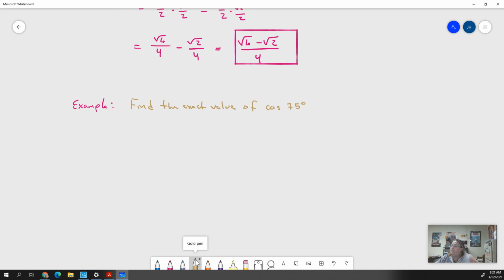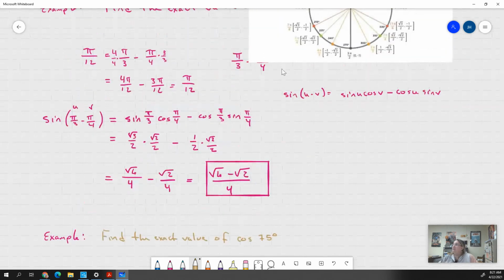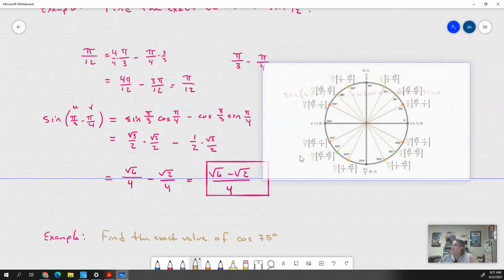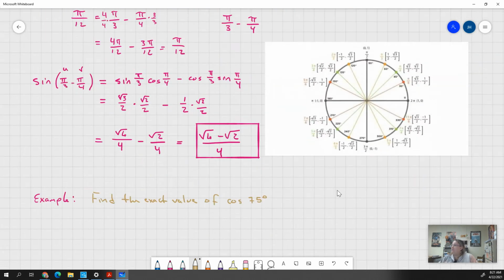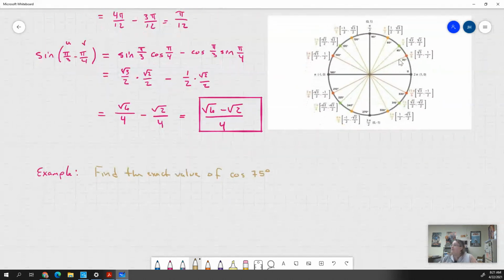So I thought a problem like this would be good for you because you can kind of see a little bit more clearly how we break this down. So we don't know what cosine of 75 degrees is. If we look here at our unit circle, right, everything we're dealing with is 30, 45, 60, 90, 120, 135, right? We don't know what that is.